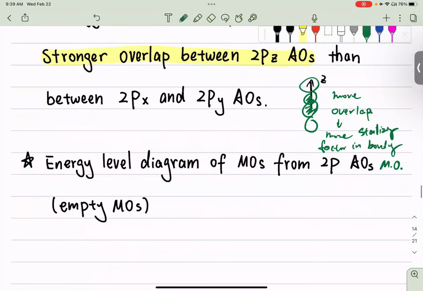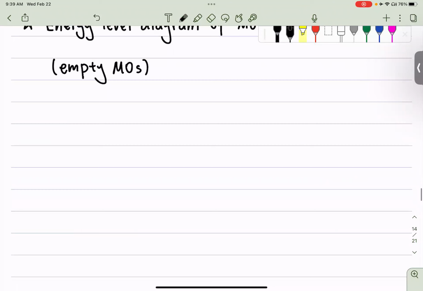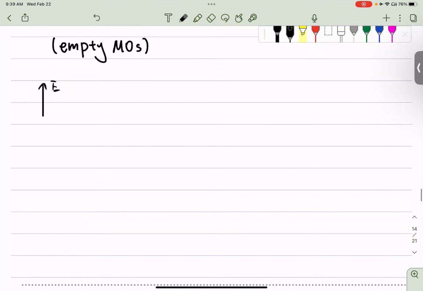So as a consequence, we can come up with an energy level diagram of molecular orbitals from the 2p atomic orbitals. Here, let's just use the empty MOs as an example. What we're having is the energy level diagram. Imagine here on the left-hand side, we have px, py, and pz. They're degenerate in energy. What degenerate means is just they're the same energy levels.